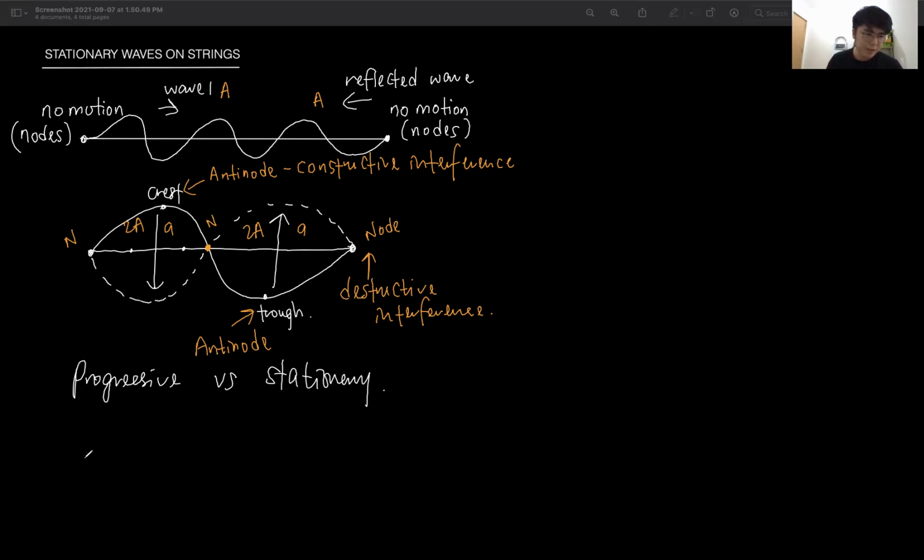So if you have a string, a medium, and you make a wave, this wave will travel. The next second, it becomes here. The next second, it becomes here. If you look at the crest, after 1 second it got here, after another second it is now here. It is traveling on the same medium.